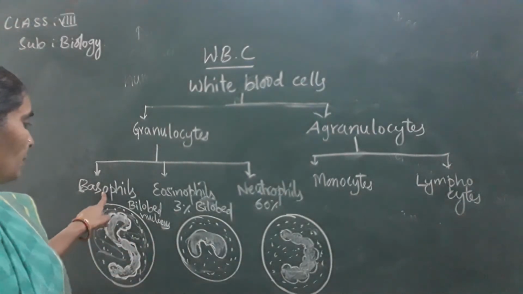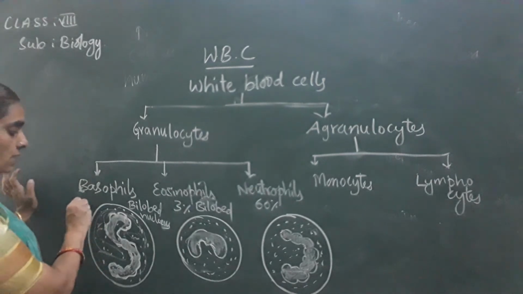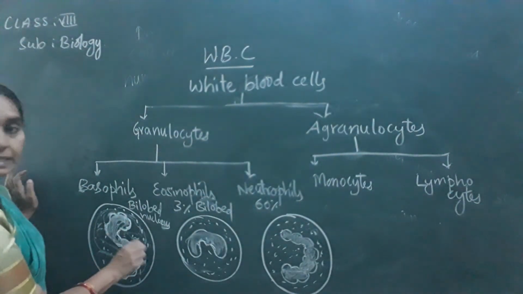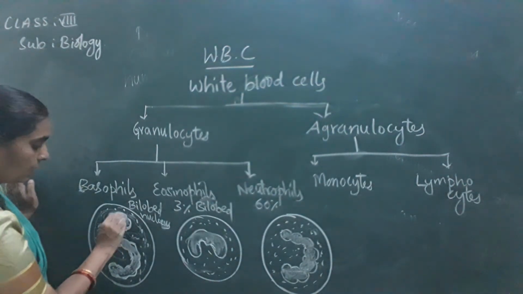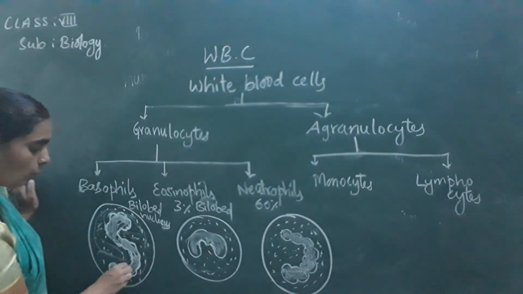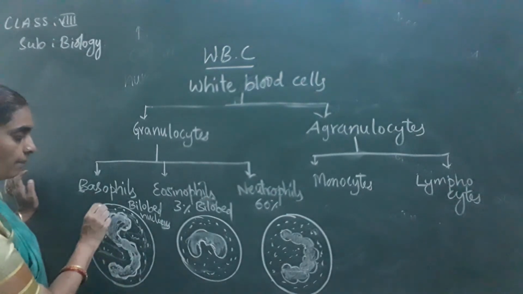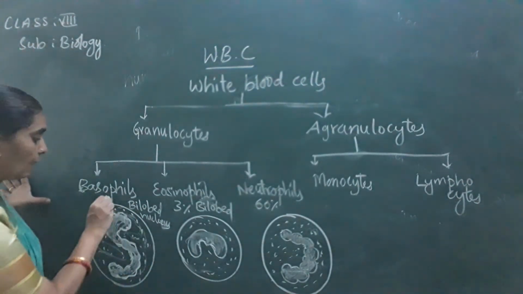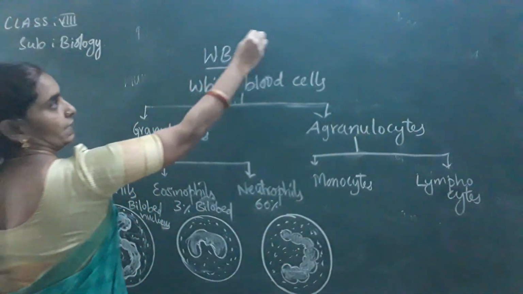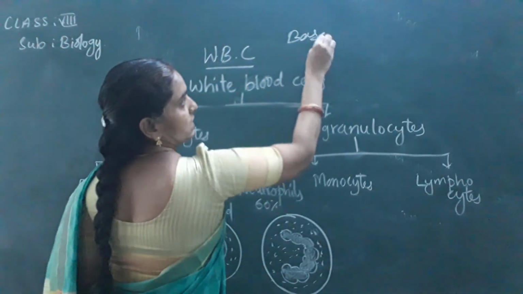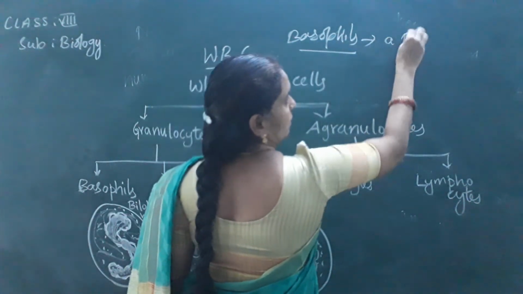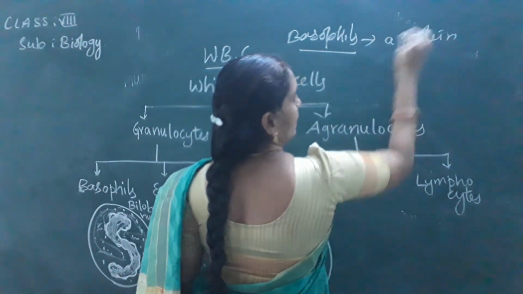See children, this is the basophil, a granulocyte. The cell contains a constricted, bilobed nucleus with the cytoplasm, and it contains a protein called heparin.